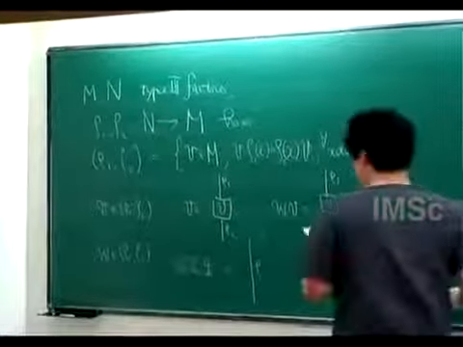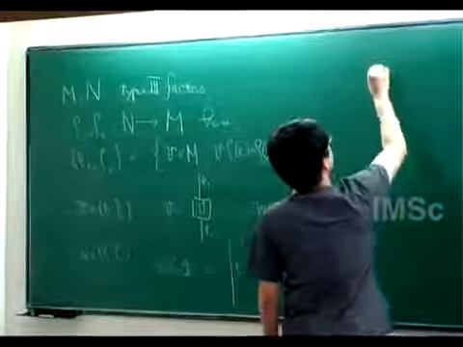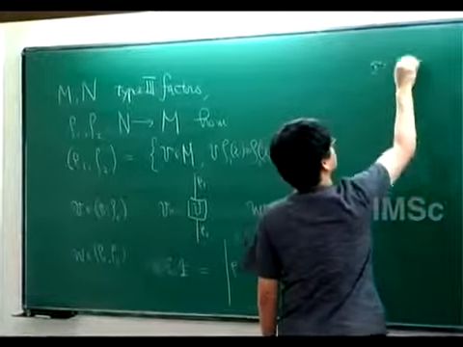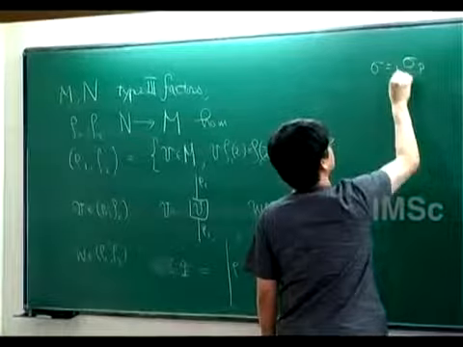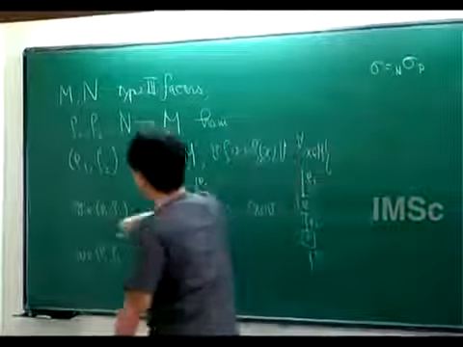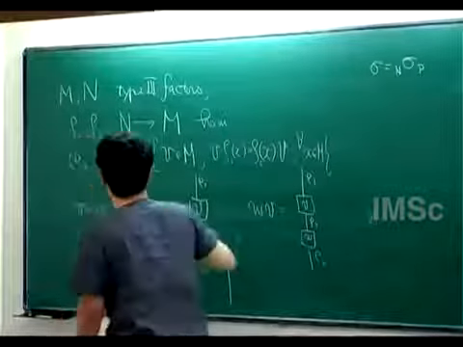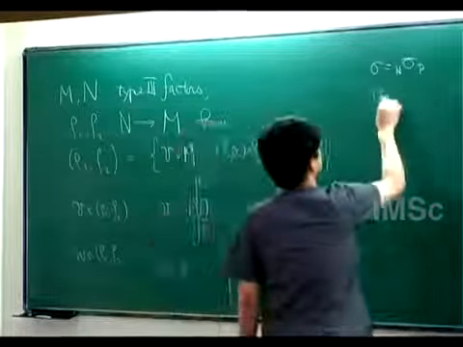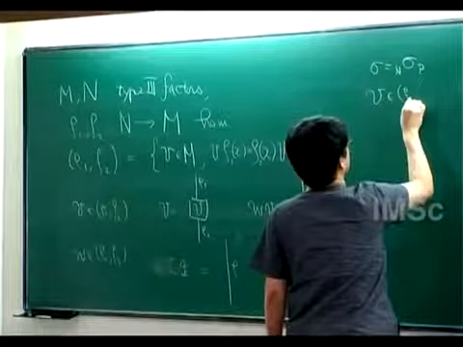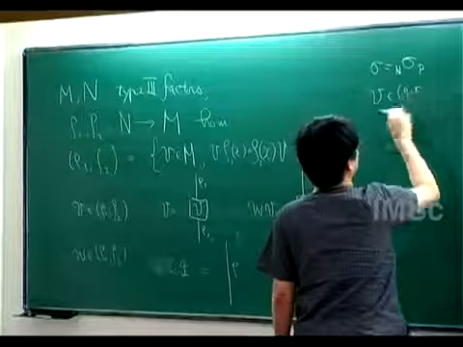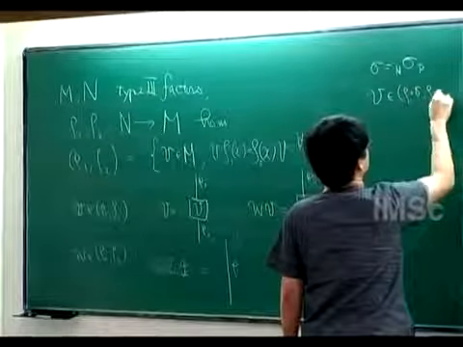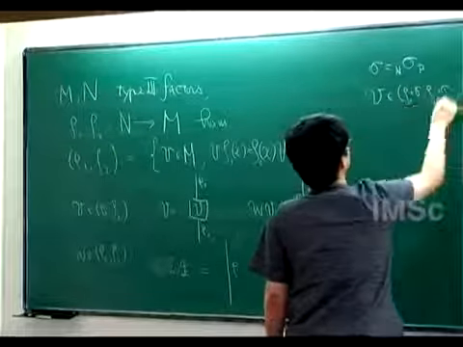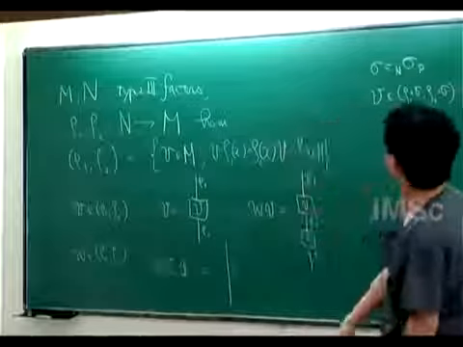So, if sigma is a homomorphism from P to N, then if V is an intertwiner between rho 1 and rho 2, then at the same time it is an intertwiner between sigma composed with rho 1 and sigma composed with rho 2.